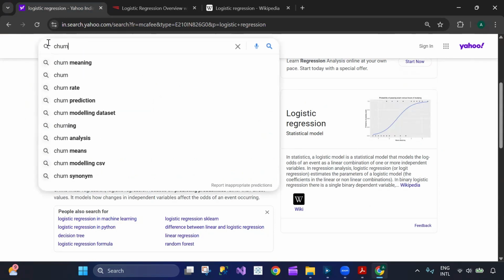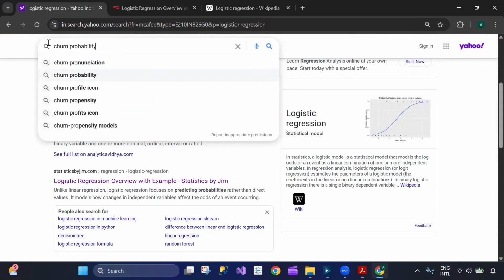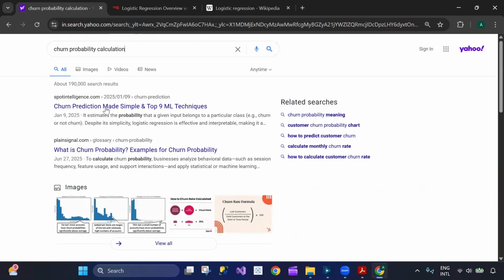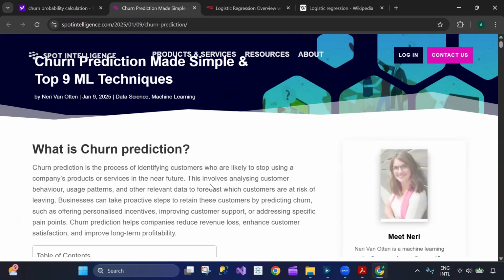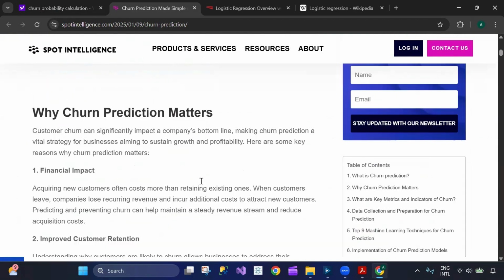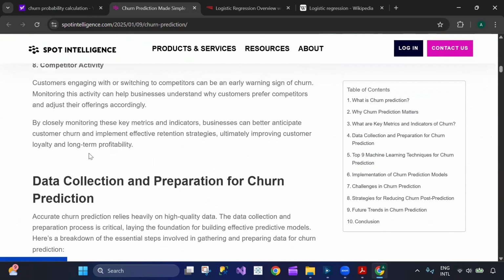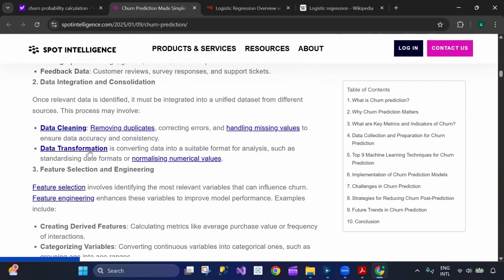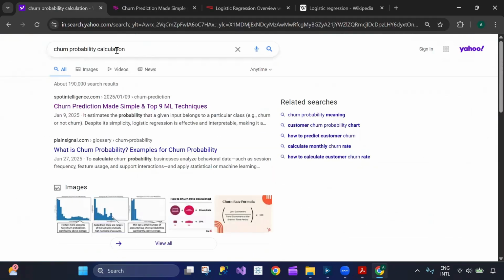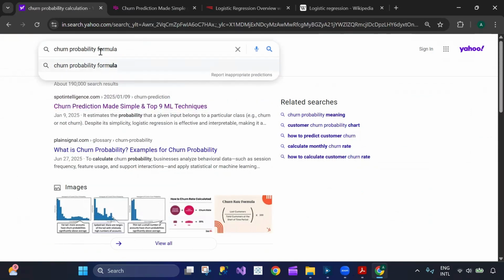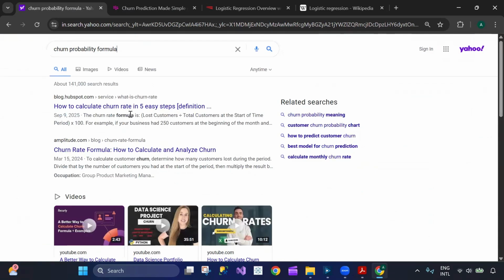So let me just look at the calculation. If you see the formula for churn prediction, there are a lot of different ways to calculate churn, like financial impact, customer behavior, or NPS calculation. What is the formula? Let me just search for the churn probability formula.